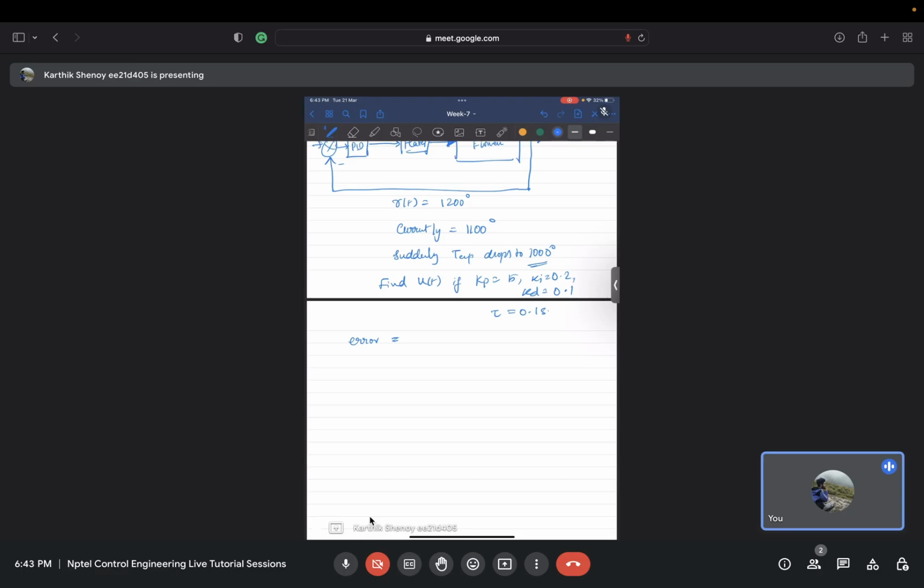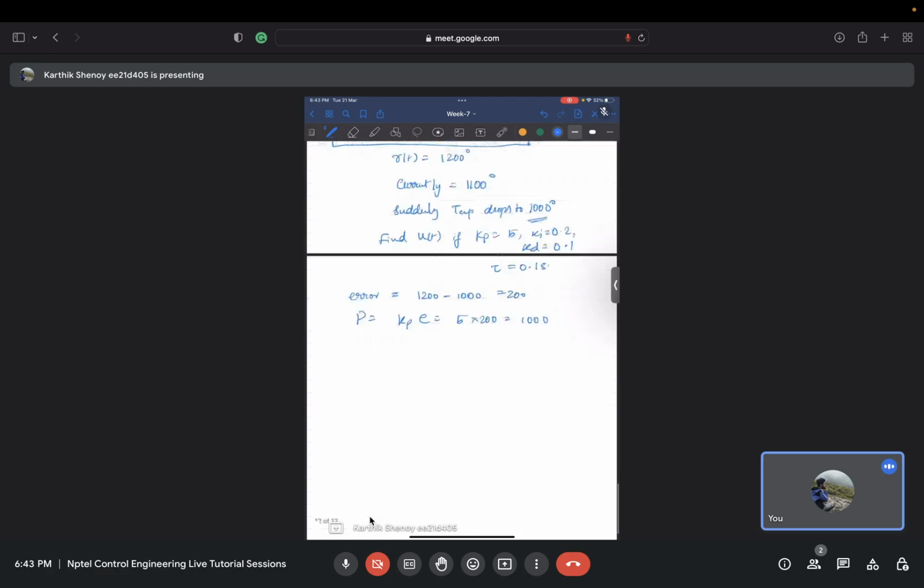For the proportional controller, the error will be 1200 minus 1000, because suddenly it changed to 1000, so the computer will read 1000. My reference is 1200, so it's 200. My proportional output is Kp times E, that is 5 times 200, that is 1000.